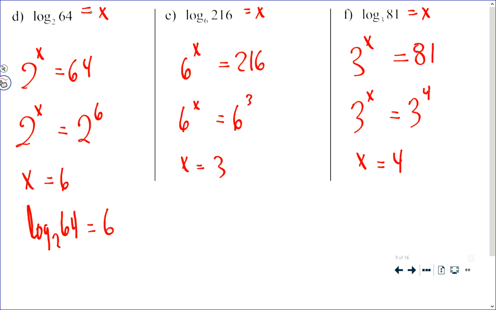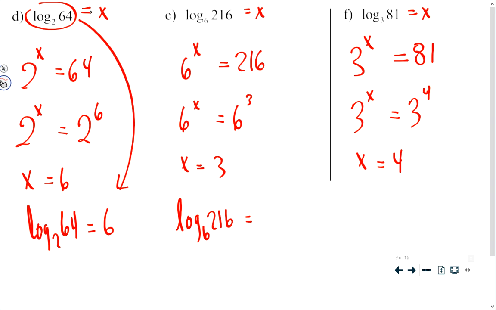And I would probably say to you that many people would be capable of going from here to here, because you're just going to look at what I've circled and say, to what do I raise 2 to get 64? And you'll figure out what number you raise 2 to get 64. Similarly, if I say to you, what is log base 6 of 216?